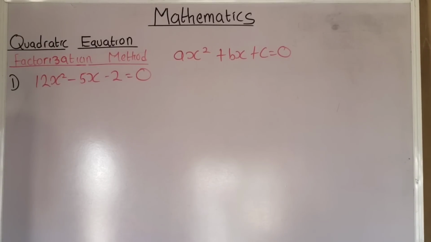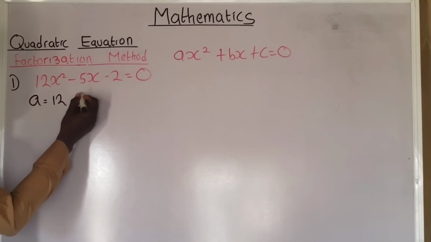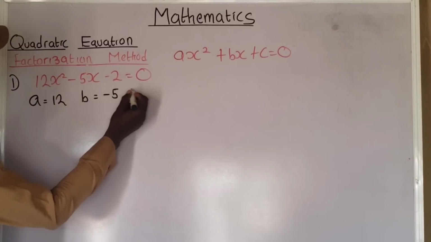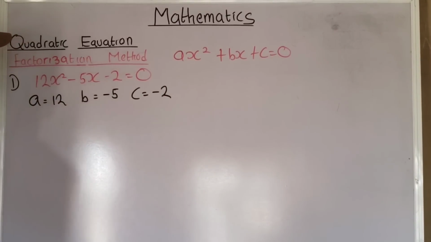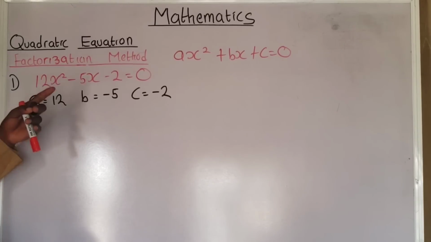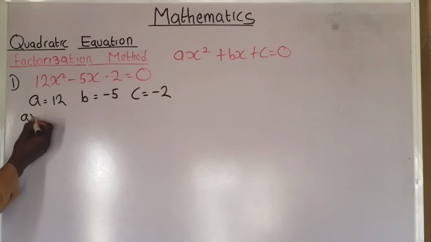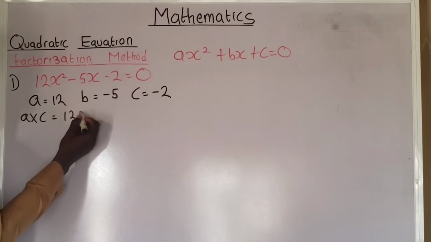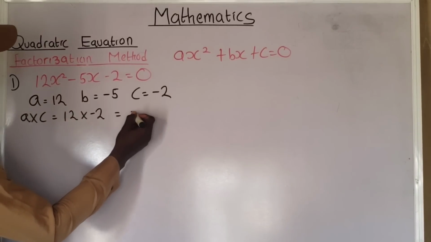The first step is that we have to take the product of a and c. In this quadratic equation, a is equals to 12, b equals to negative 5, and c equals to negative 2. All this we've discussed in our previous class. So a multiplied by c equals to 12 multiplied by negative 2, which is negative 24.